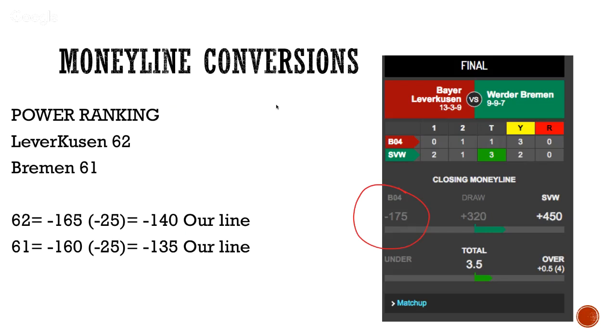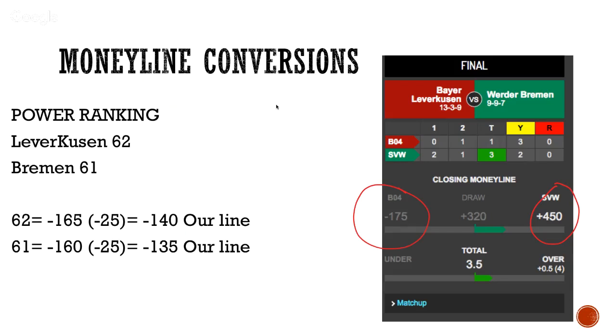Now, here's where the real value kicks in. This was really surprising when we did the numbers for this. Our line for Bremen is minus 135, but look what our actual odds were, plus 450. And this is another reason why I'm extremely fascinated by soccer, is that you get these huge, huge dogs. But when you look at our power ranking, we have these teams even. So we're getting a plus 450 dog.